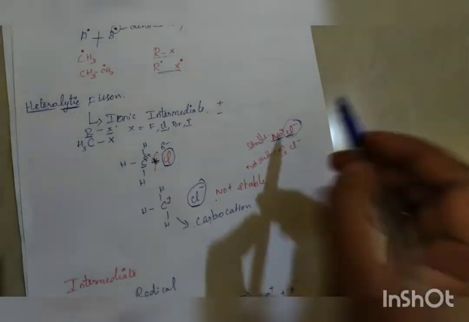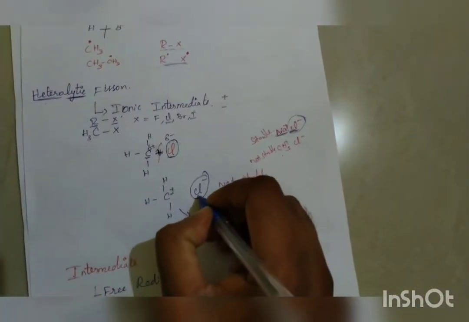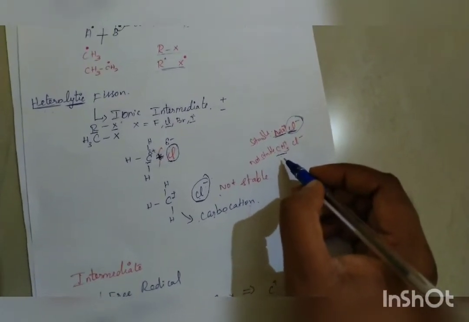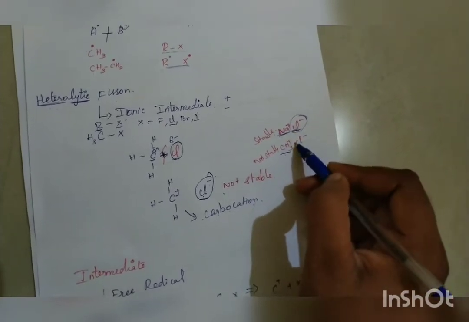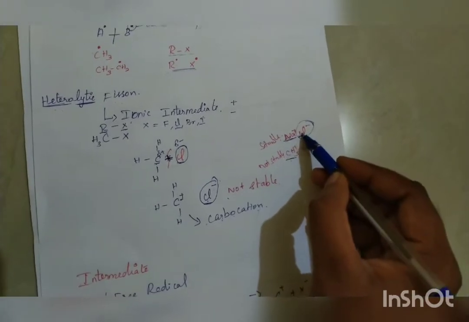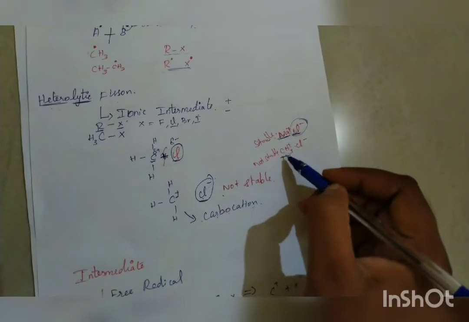That's why it is more stable there and less stable here. The organic compound is less stable because it has a covalent bond rather than an ionic bond. Na plus is more stable compared to CH3 plus.